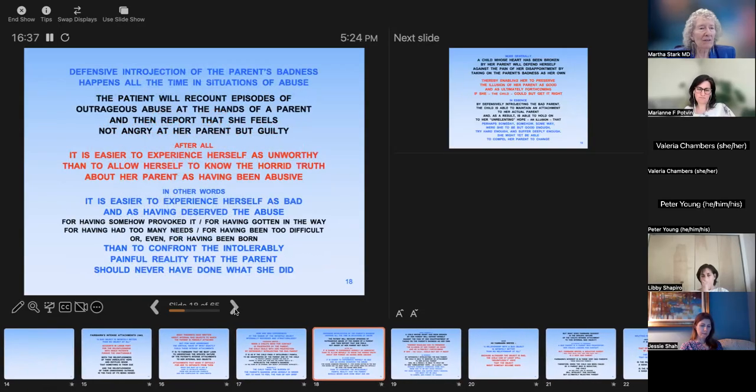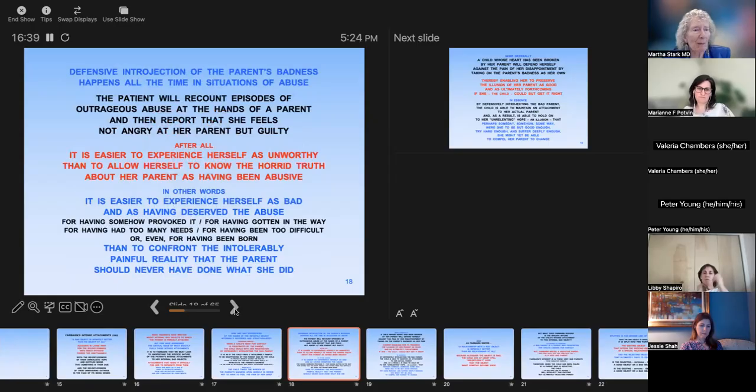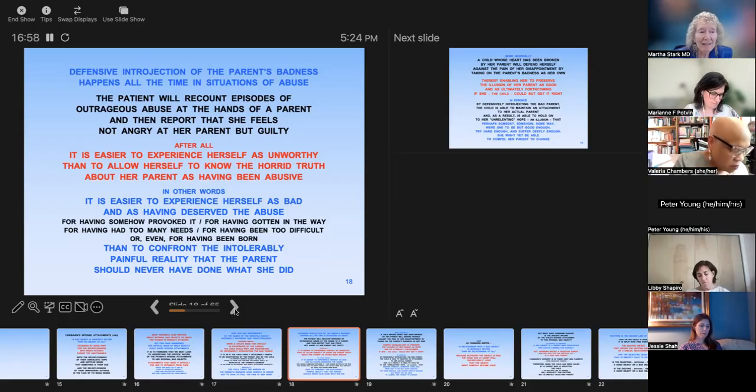Next. Defensive interjection of the parent's badness happens all the time in situations of abuse. The patient will recount episodes of outrageous abuse at the hands of a parent and then report that she feels not angry at her parent, but guilty. After all, it's easier to experience herself as unworthy than to allow herself to know the horrid truth about her parent as having been abusive.